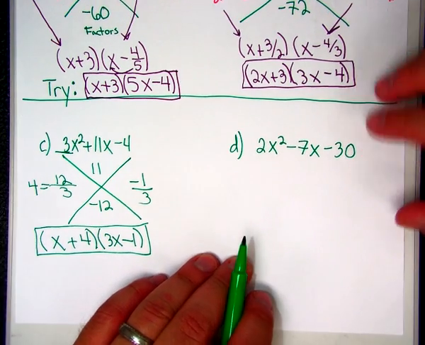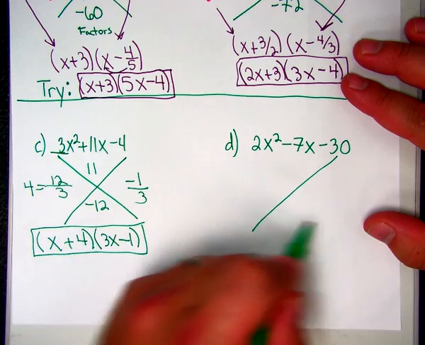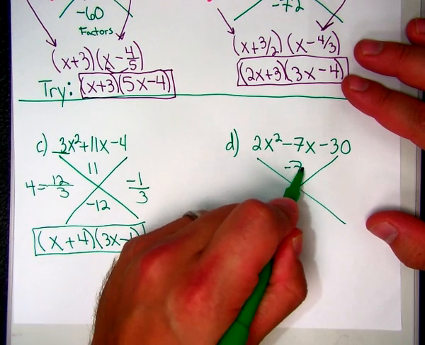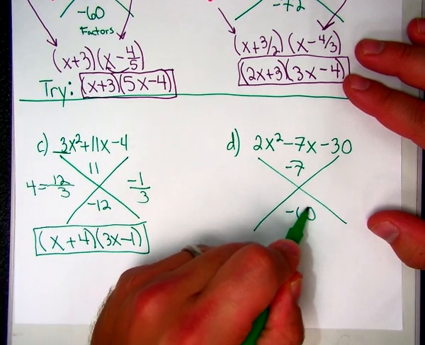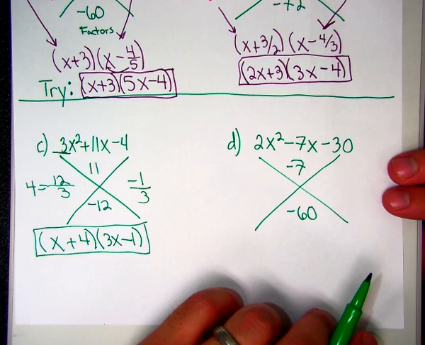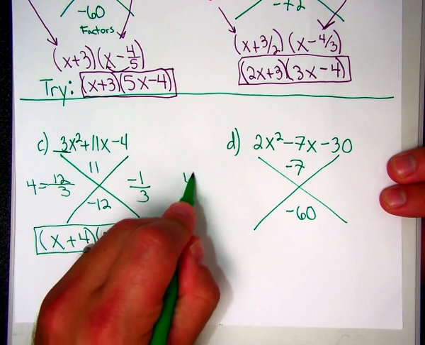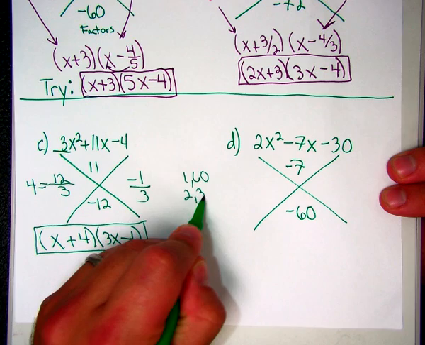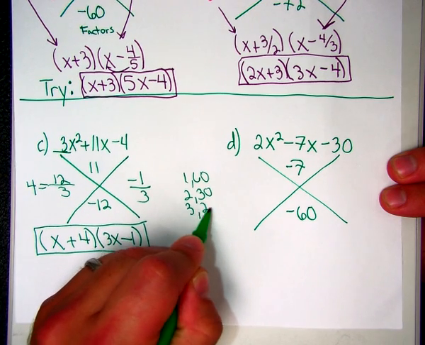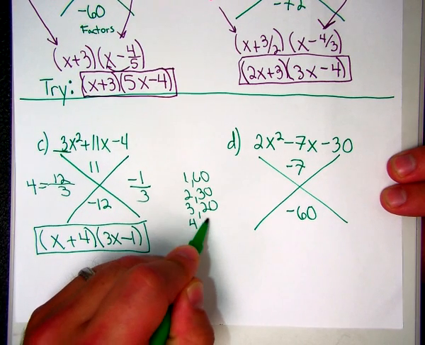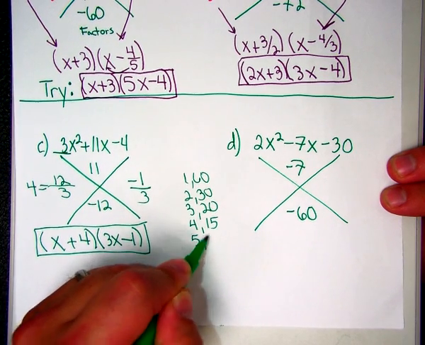Last one, letter D. Same steps. Make your X. Negative 7 on top, negative 60 on the bottom. Let's list out the factors of 60: 1 and 60, 2 and 30, 3 and 20, 4 and 15, 5 and 12. There we go.